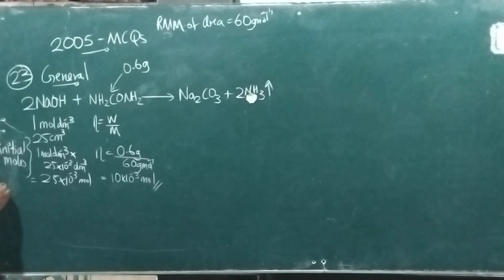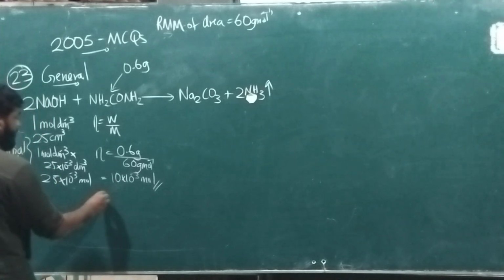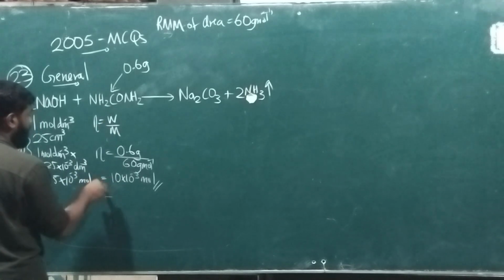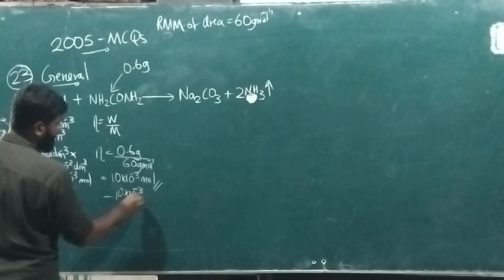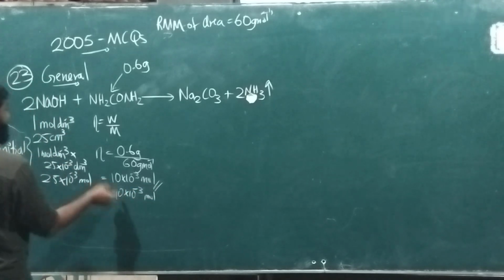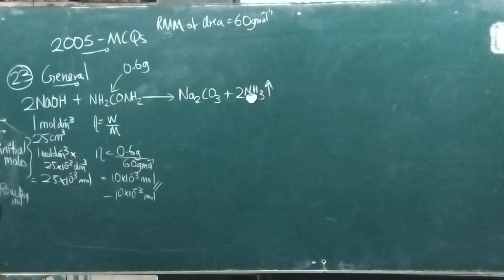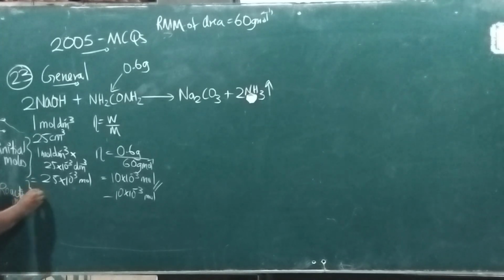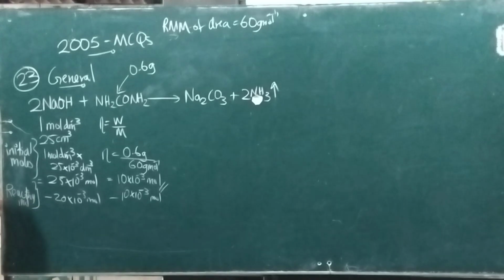Let's see the reacting moles. When all the urea is reacted, minus 10 × 10⁻³ moles. Here 1:2 ratio. If 10 is there, here 20 has to be reacted. That's the thing here we are doing. So minus 20 × 10⁻³ moles.